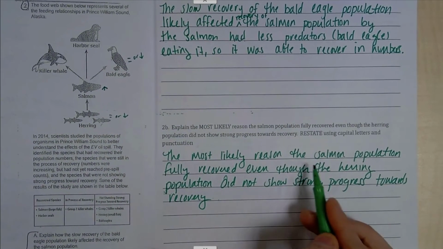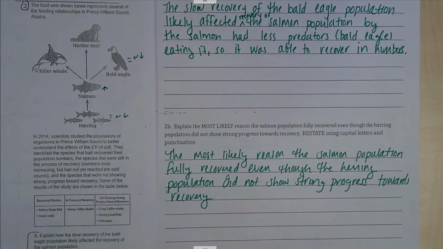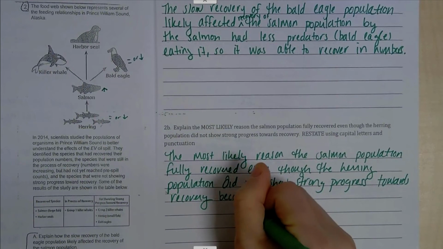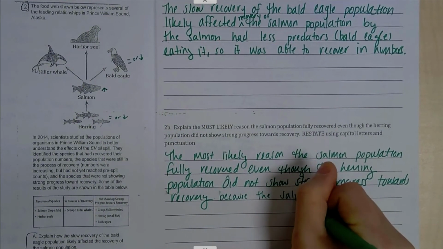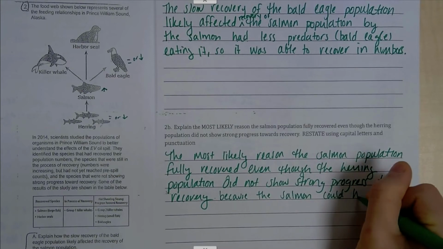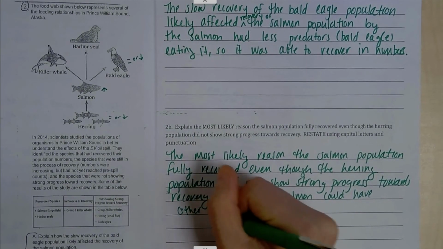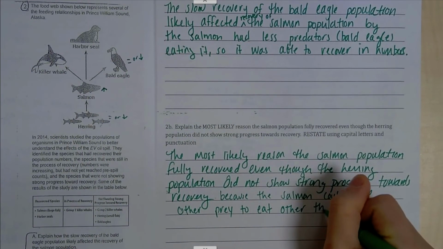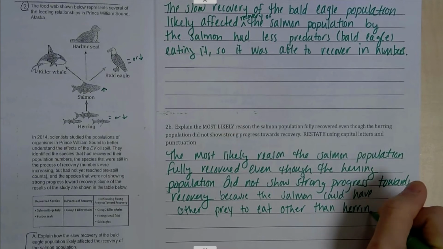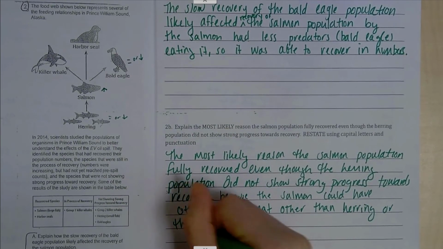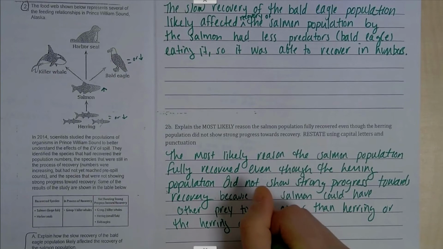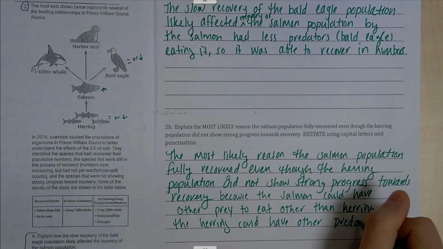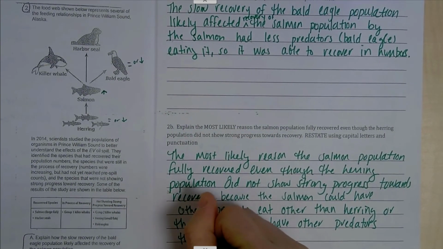So, the most likely reason the salmon population fully recovered, even though the herring population did not show strong progress to recovery, because the salmon could have other prey to eat other than herring, or the herring could have other predators than the salmon.